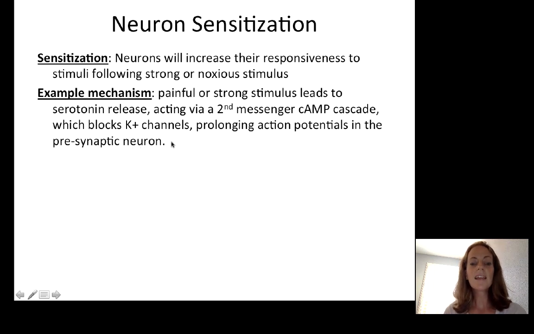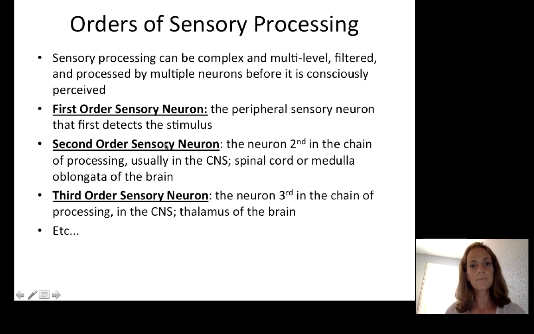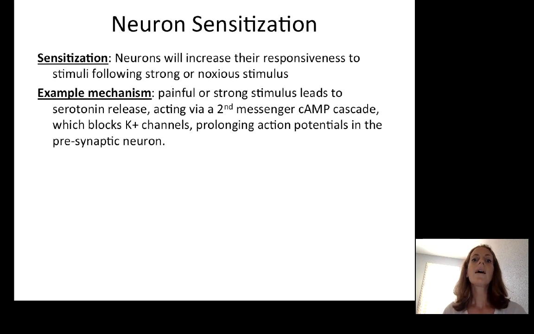So this is increasing the amount of activity, or the length of action potentials, in the presynaptic neuron, such that we will respond more if we're primed by a painful or strong stimulation before. So adaptation, habituation, sensitization, these are all ways to change our response to stimuli.